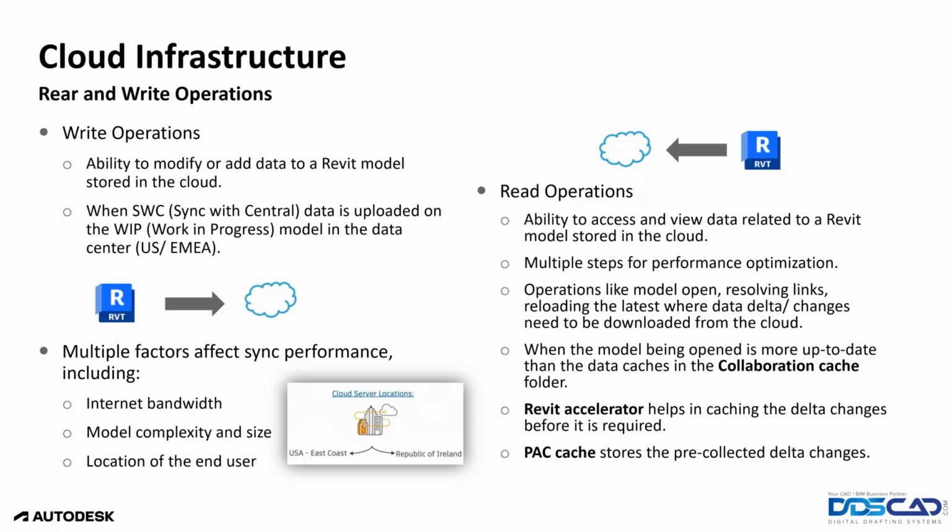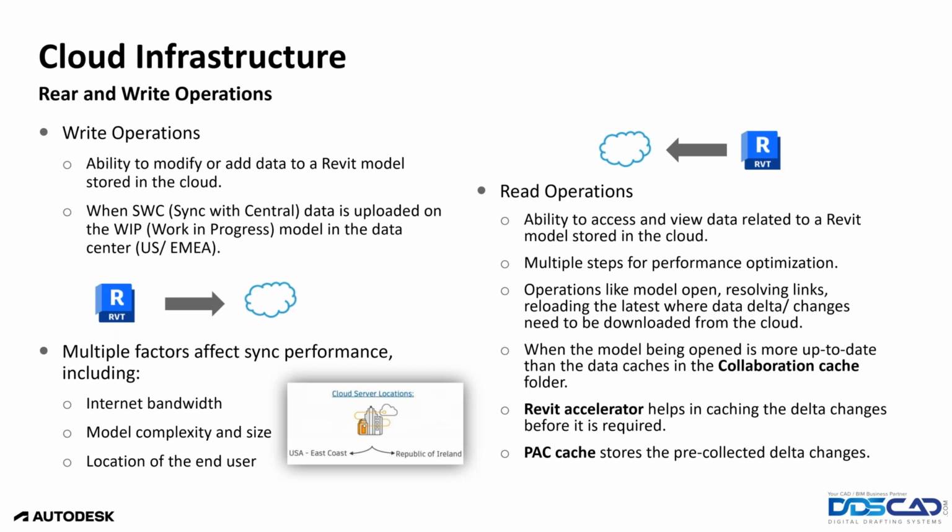The write operation is essentially the user's ability to modify or add data to a Revit model stored in the cloud. When the user syncs with Central, the data that they've changed or added to their model is uploaded to what I like to call the work in progress model in the data center.